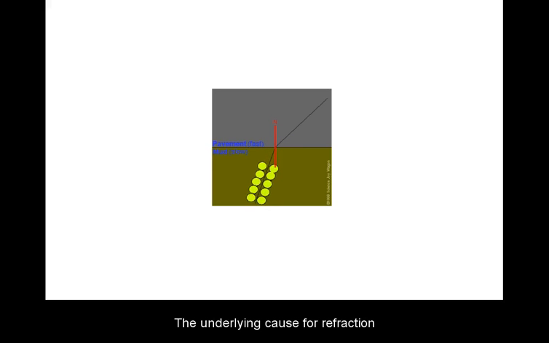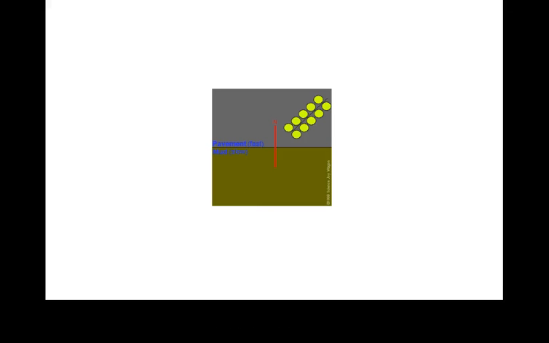The underlying cause for refraction is the change in speed of light as it interacts with the particles of the medium that it travels through.